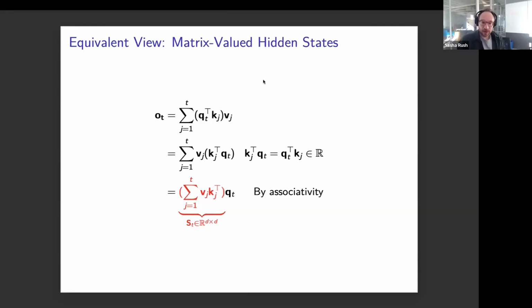Songlin, can I stop you here? So that S, that's a D by D matrix. Is it true that the rank of that matrix grows with the time step T? I think in the very beginning, the hidden state is initialized using the zero matrix, so it is rank zero.